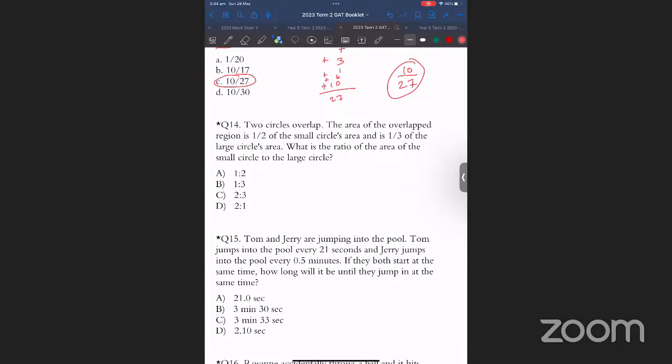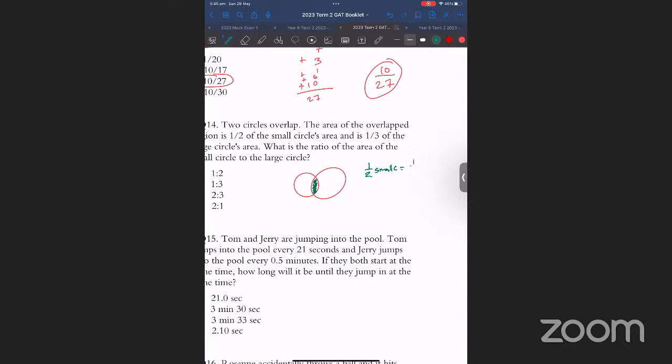Okay. So we have one circle here and we have a bigger circle here. And what they say is that they both share a middle part. They're both identical in the middle. And what they're saying is that half of the small circle is the same as a third of the large circle.